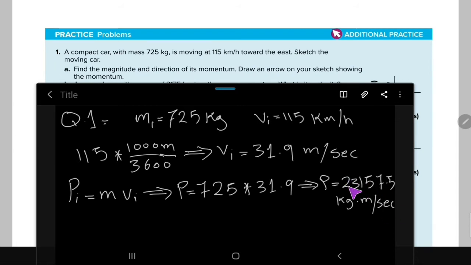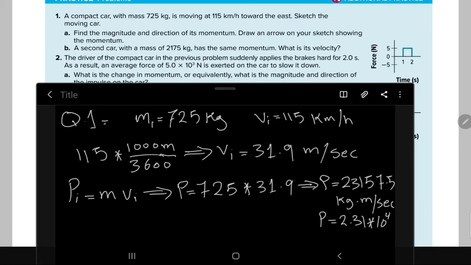We can write the result as this number, or approximately 2.31 times 10 to the power 4. It's the same if you write the result like this or like this. So this is the first part, which is to find the magnitude and direction of the momentum for the car.